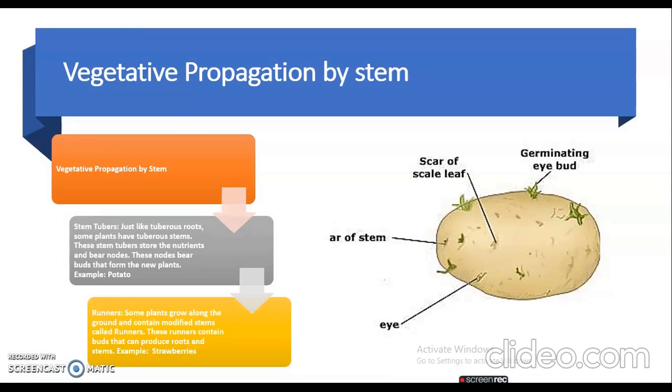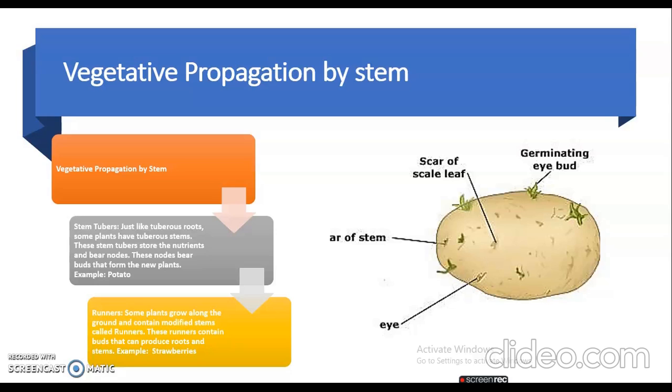Now, vegetative propagation by stem. They are known as stem tubers. Just like tuberous roots, some plants also have tuberous stems. These stem tubers store nutrients and bear nodes. Nodes bear buds that form the new plants. Example, potato.